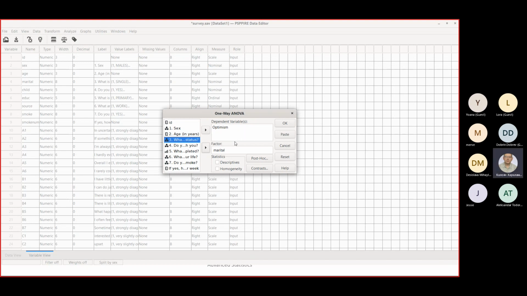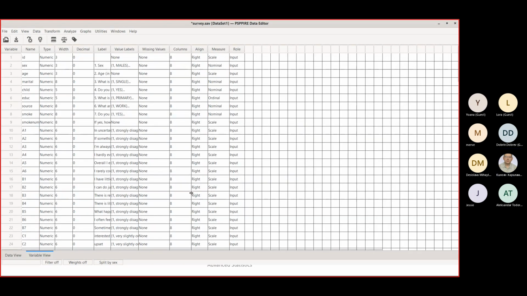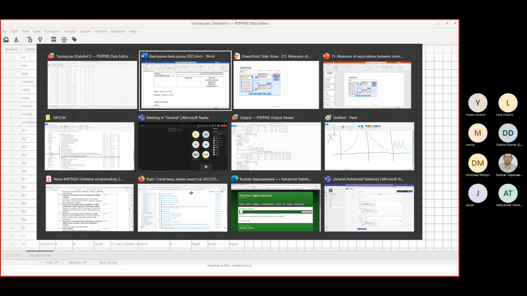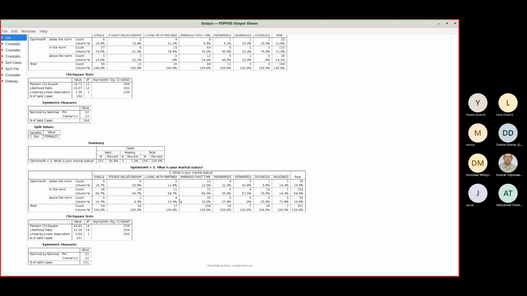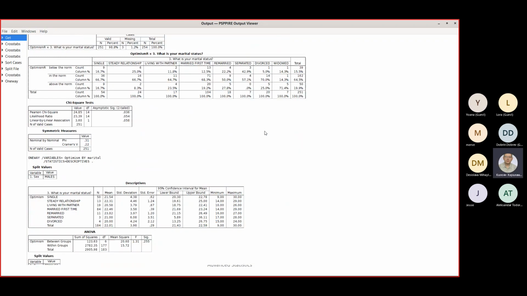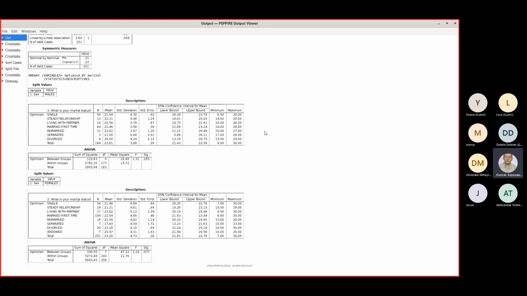After that, I will choose here descriptives and press OK. Okay, this is the result.